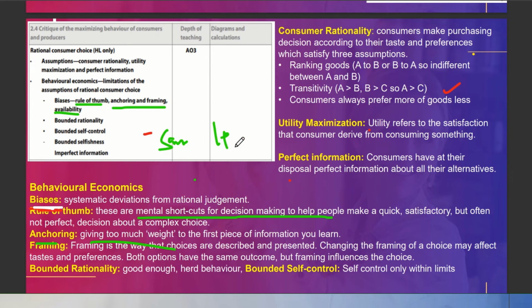And those who use iPhone give much weightage to the iPhone. This is the anchoring behavior of the consumer. Even if other products are much cheaper and of higher quality than the iPhone, consumers will always think the iPhone is top quality. Meanwhile, Samsung consumers feel that Samsung is better than the iPhone. This is the rule of thumb and anchoring behavior.